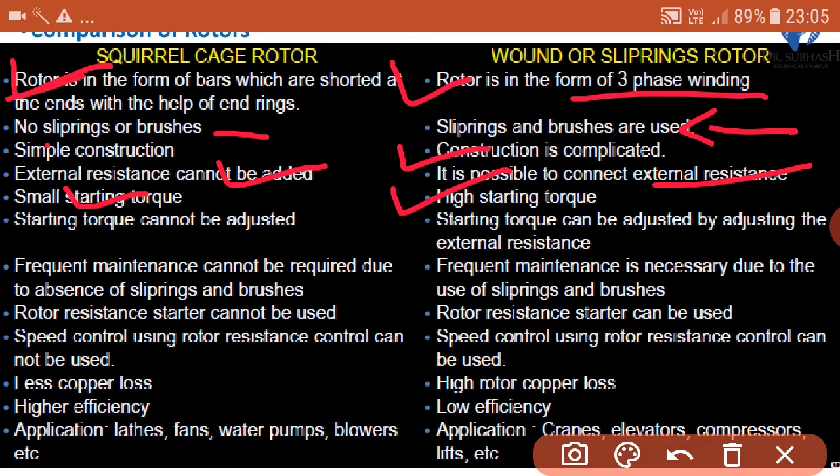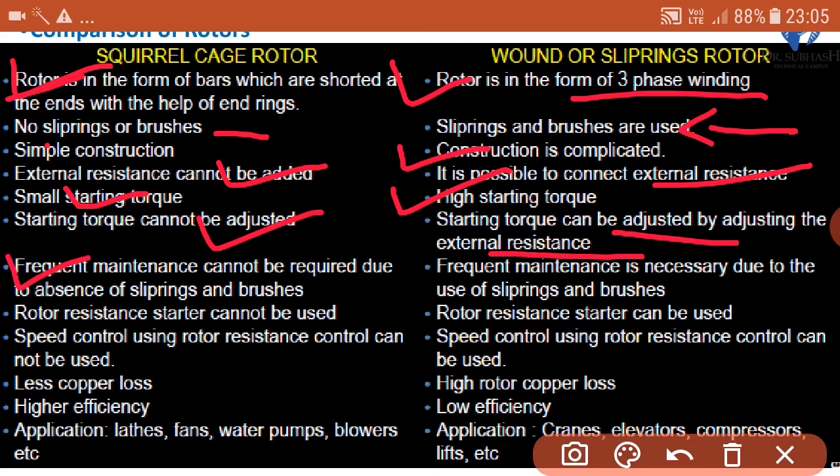Starting torque cannot be adjusted in a squirrel cage motor, and in a slip ring motor, starting torque can be adjusted by adjusting the external resistance. So we can connect external resistance with the slip rings, and by varying the external resistance we can vary the starting torque. So this feature is not available in the squirrel cage motors.